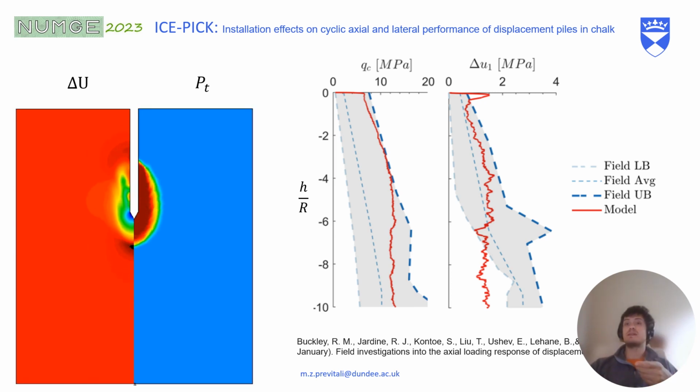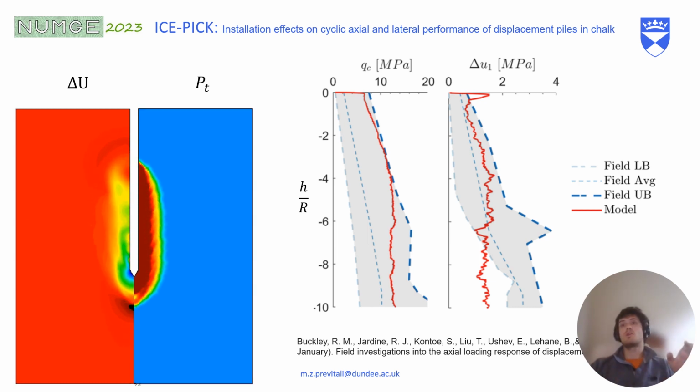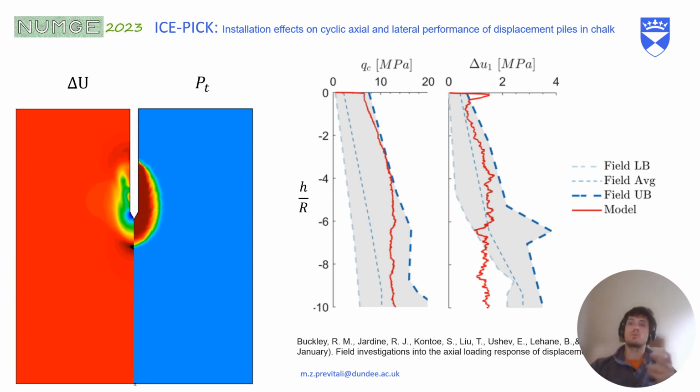And on the right, you can see how the cone capacity and excess water pressure at the cone tip or the cone base change with the penetration, and you can see that they fit quite well for CPT tests carried out in the same location, for the investigated penetration depths.